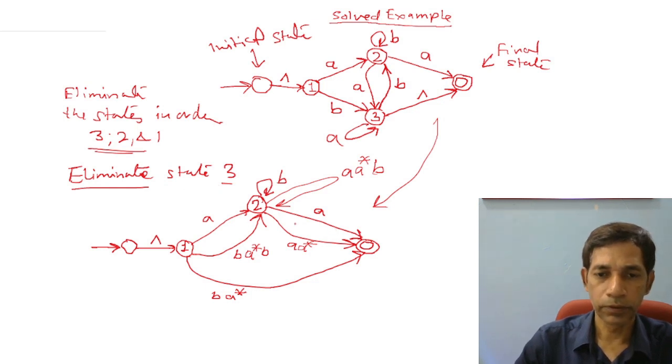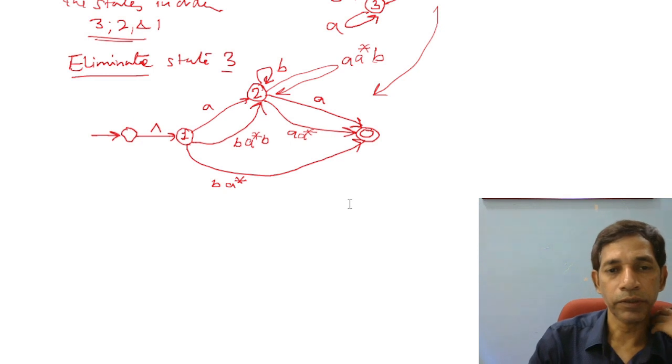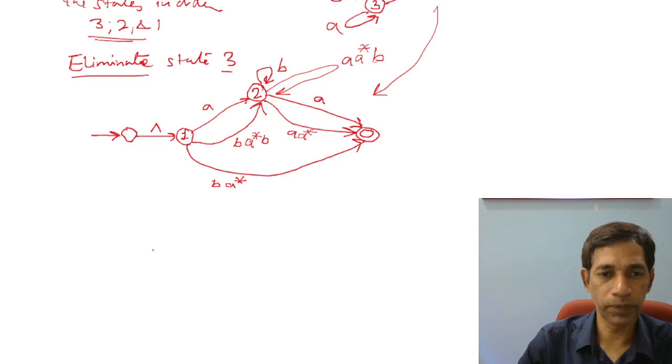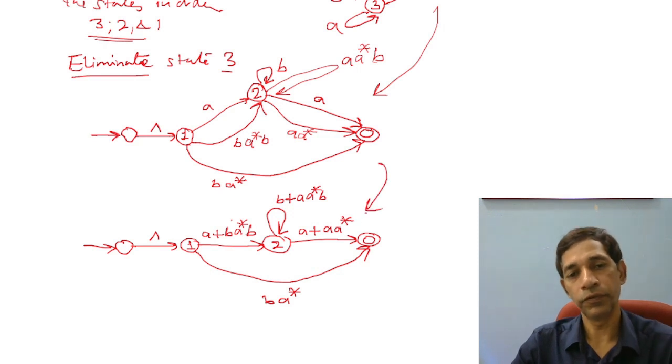You can further simplify this. You have seen that these are parallel edges going in the same direction. You have 2 loops, and here are also 2 edges going in the same direction. So you have to go for the simplification, and you obtain the equivalent form after the unification.